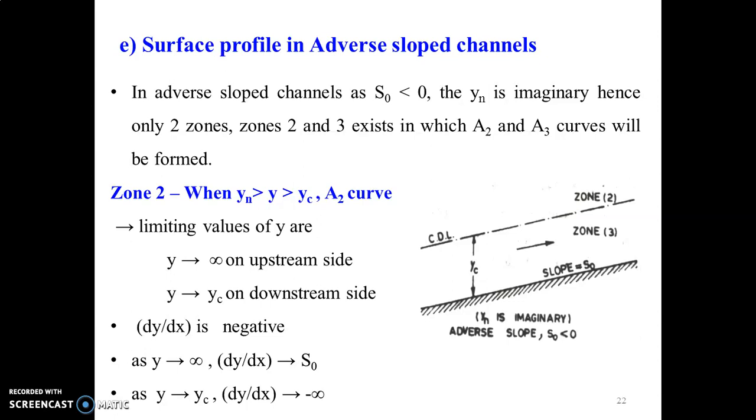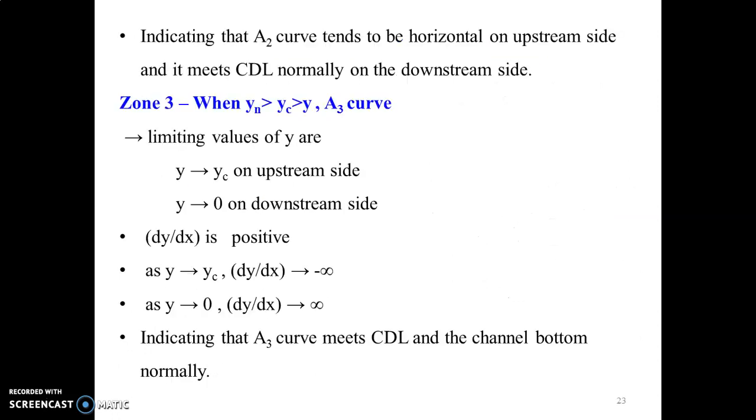When y tends to infinity, then you get dy by dx value tending to S0, and when y tends to yc, then dy by dx value tends to minus infinity, which means that your A2 curve is going to be horizontal on the upstream side, and it is going to meet the CDL, that is the critical depth line, normally on the downstream side.